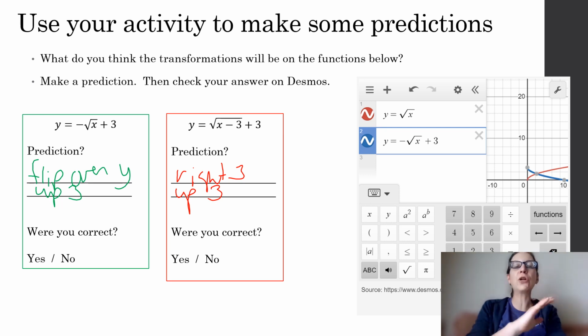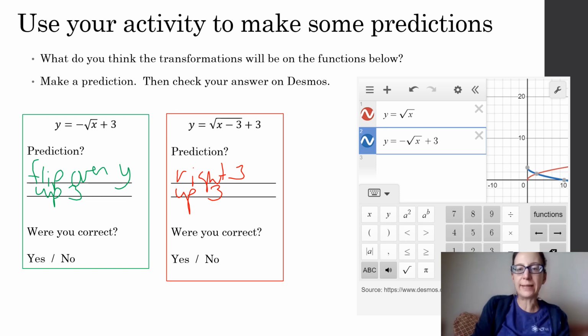Your predictions should look something like that. If your predictions are an equation, or say stuff like up and down, then you didn't answer the question right.